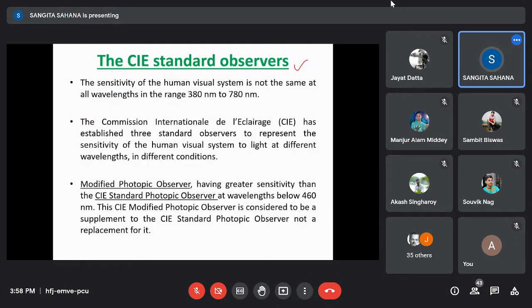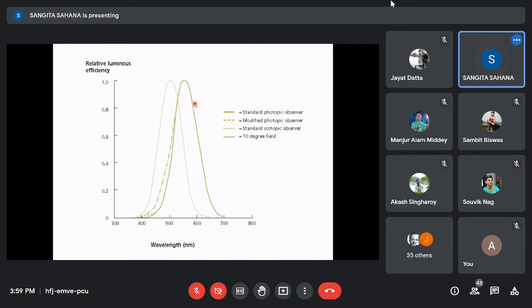So that's why the CIE, the International Commission on Illumination, like for electrical, all of you have heard about IEEE. Similarly, in lighting, we have the International Commission on Illumination, the international body, the CIE. They have established the standard observer, with values of response from 380 to 780.